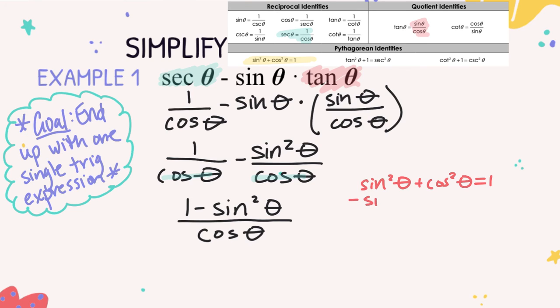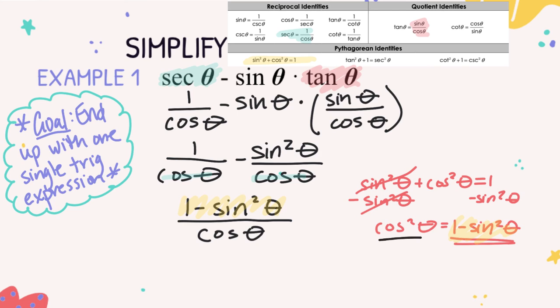So if we subtract out the sine squared theta from both sides, we'll cancel on the left, bring down the cosine squared theta, and then 1 minus sine squared theta. This is exactly what we have over here. Which tells me that I can replace that numerator with cosine squared theta.